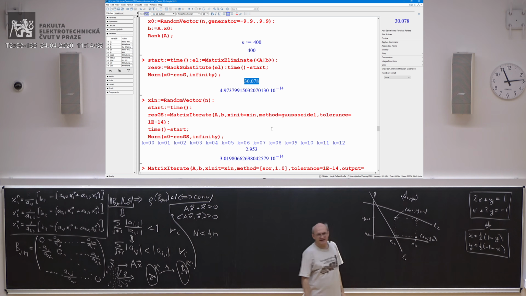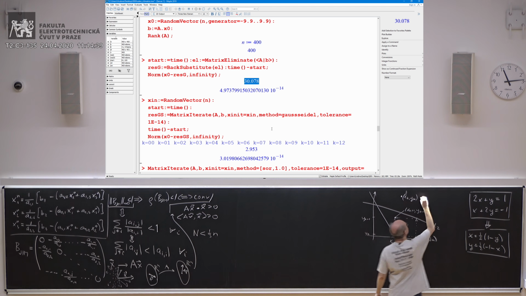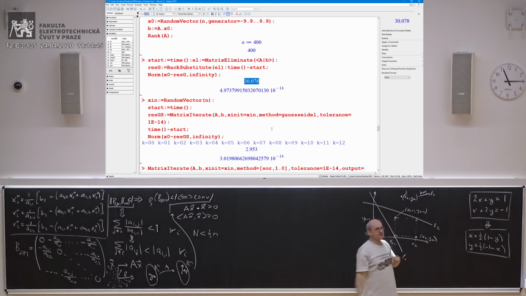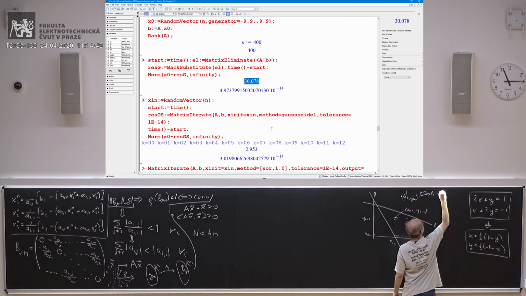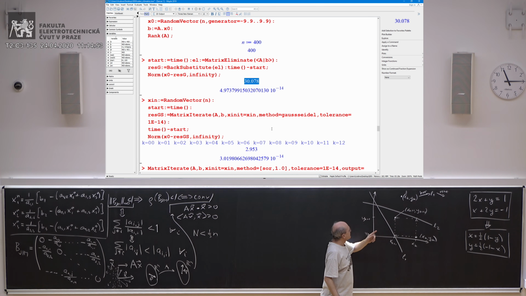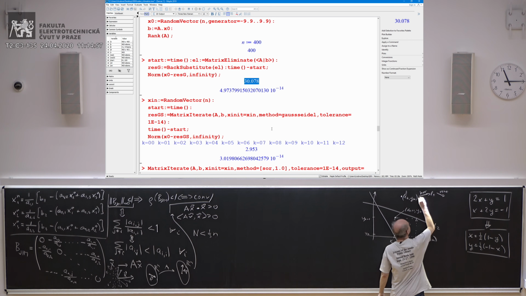Now, how did I get there? That's a good question. From the point xk, yk, I moved horizontally to line L1, or the first equation if you want, and then I moved vertically. At the same time, I moved vertically to the second line, and then I moved horizontally.